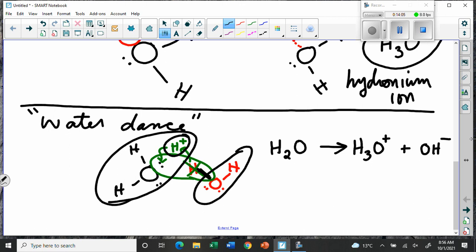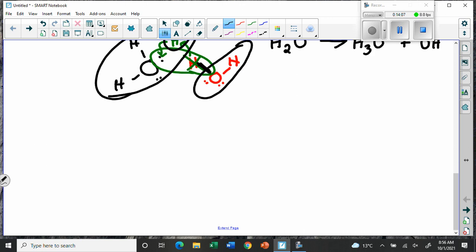Now, what happens if you make these 2 things? So now you have an H3O plus, and here's the other H attached, and then there's an OH over here. Let's say that these 2 were made and they went off around in the water and bumped into another one. Well, this O is bonded there, but it still has places where hydrogen can bond.